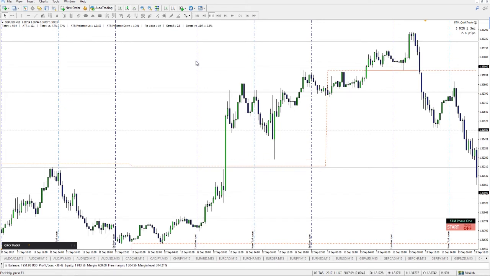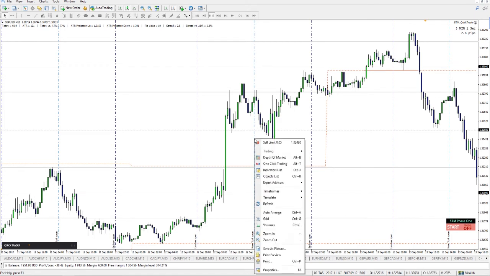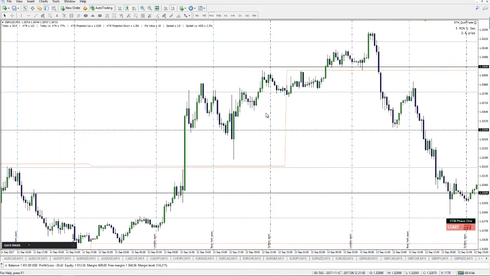So what I have here, the vertical lines are the sessions, and you can even put the Asia session as well. And then the red thing is the previous day high and low, but it doesn't have an option to move the GMT, so that's why it's 1 hour ahead.